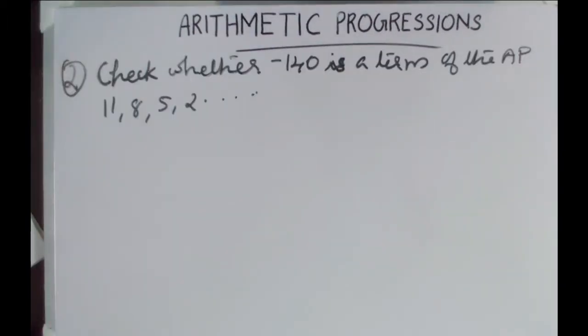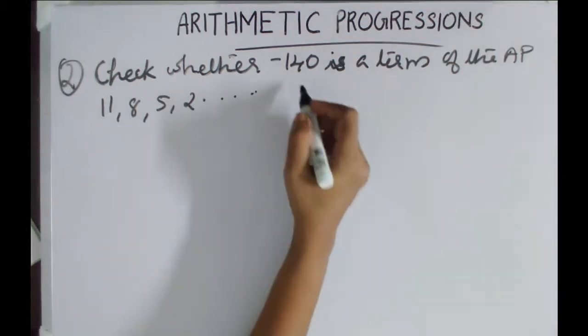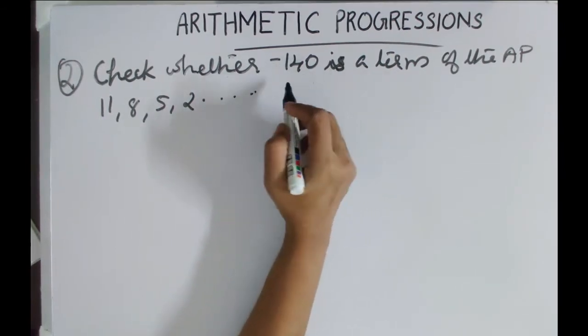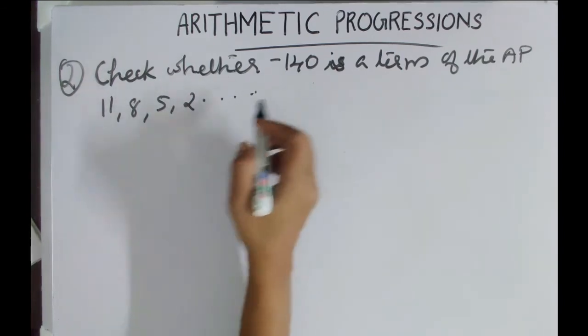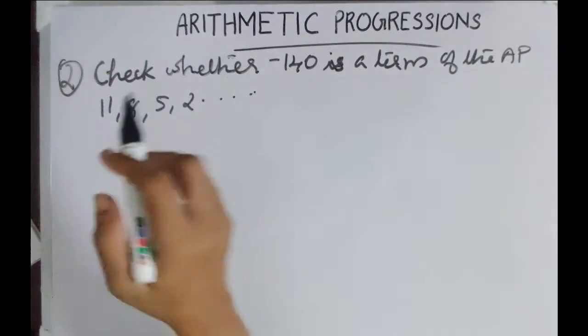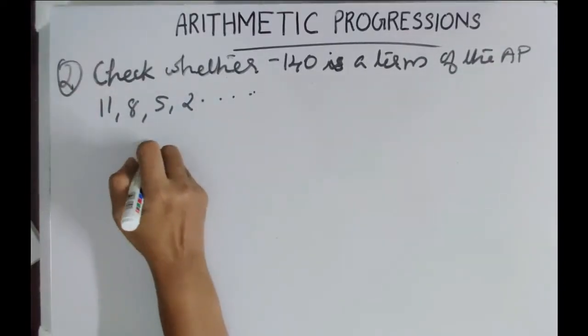Next question: check whether minus 140 is a term of the AP 11, 8, 5, 2, etc. We don't know whether minus 140 is a term of the AP or not. We have to check it. For this we take minus 140 as the nth term of this AP.